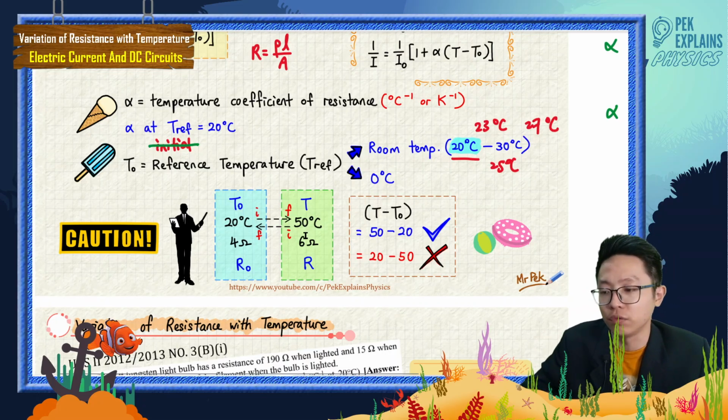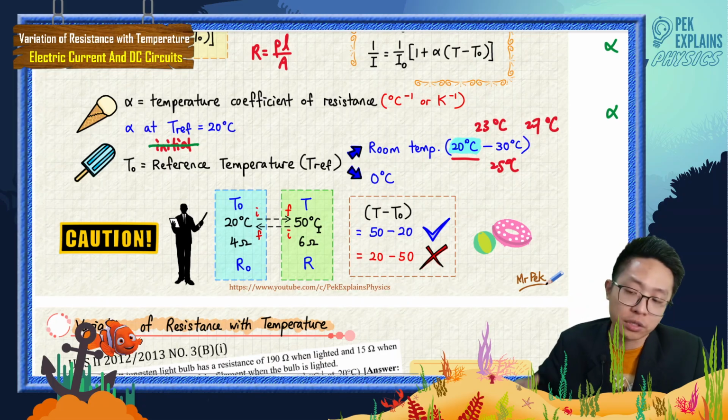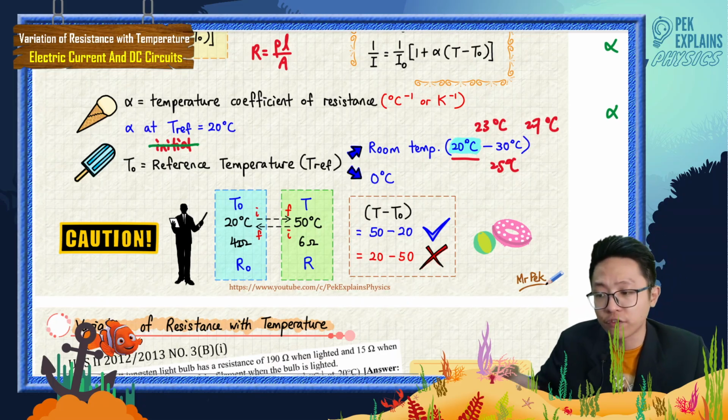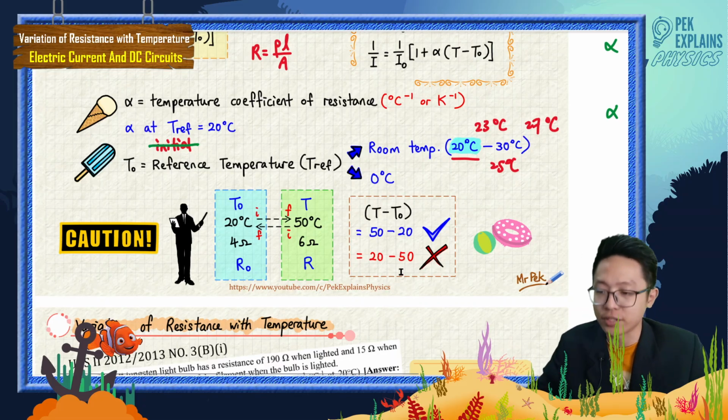Now you cool down from 50 to 20. Now final is 20, initial is 50. So do you use final minus initial, which is 20 minus 50? This is wrong.